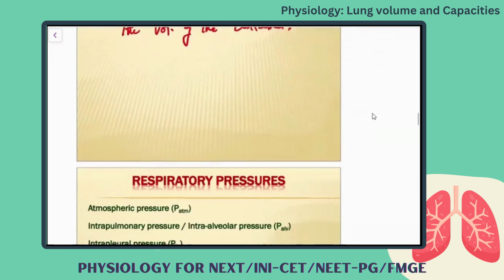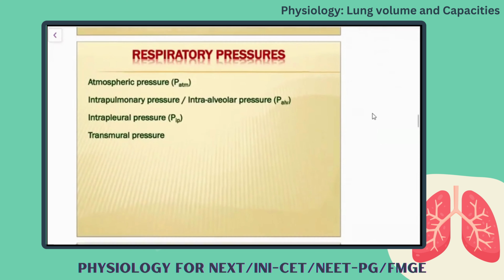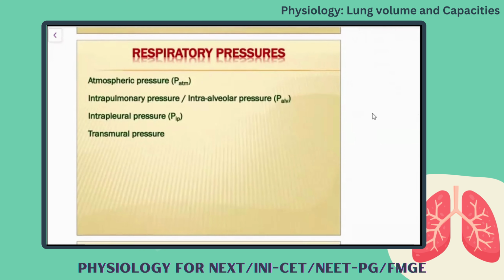So in the respiratory pressures, we have four different types of pressures, and the first one is the atmospheric pressure. Why we are bringing atmospheric pressure into the respiratory system is because, as we have seen in the cardiovascular system, the blood is always moving from high pressure to low pressure zone in the cardiac cycle.